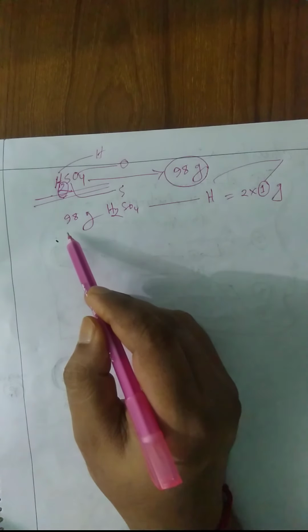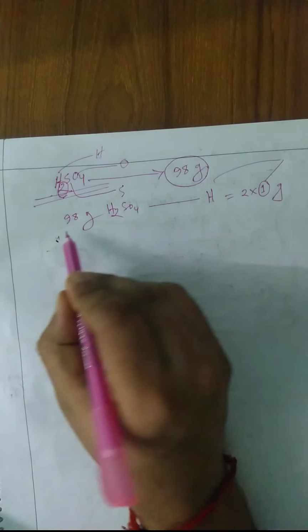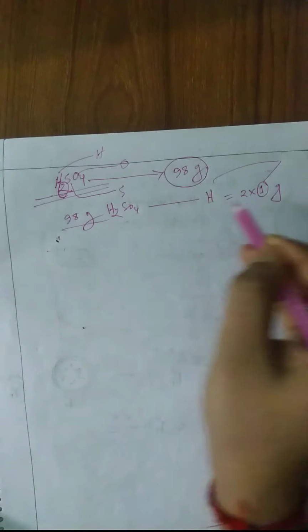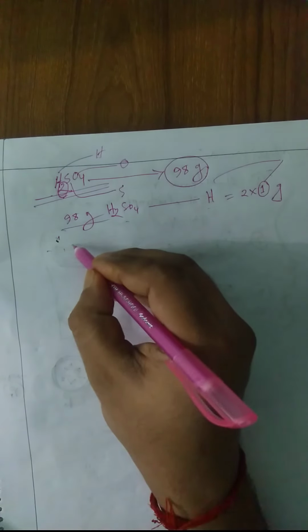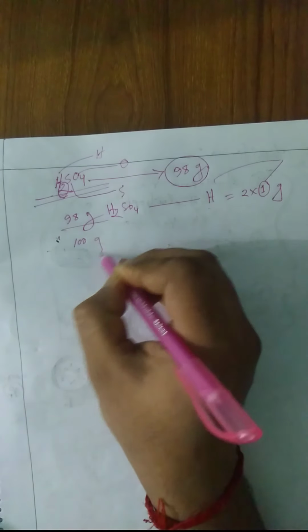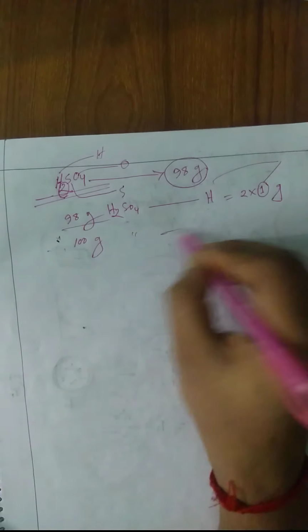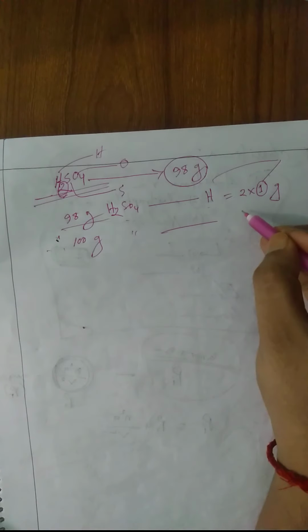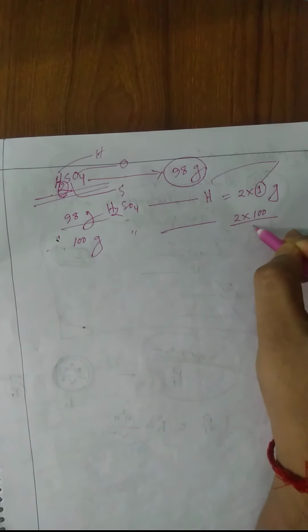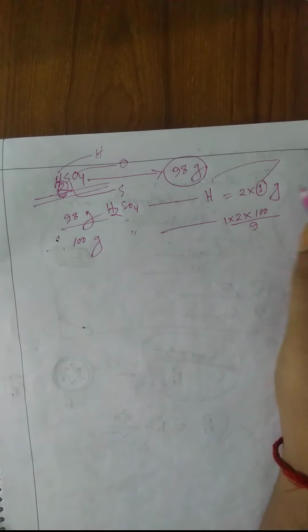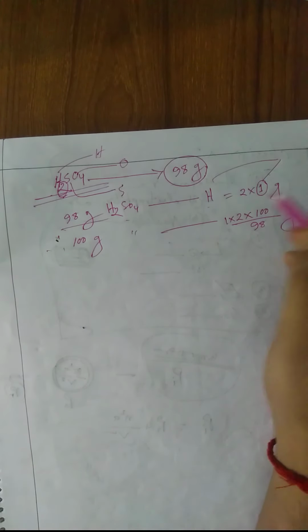So in 98 gram H2SO4, the amount of hydrogen is 2 gram. So in percentage, that means in 100 gram H2SO4, the amount of hydrogen will be 200 divided by 98 gram. So we can solve this by using an equation.